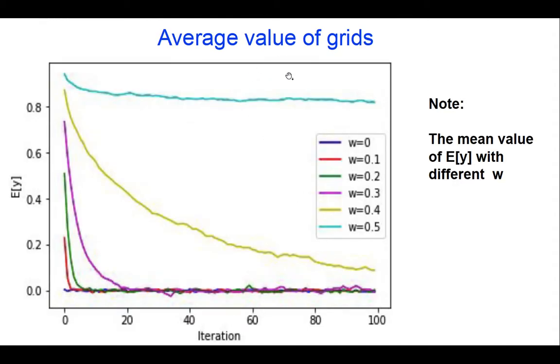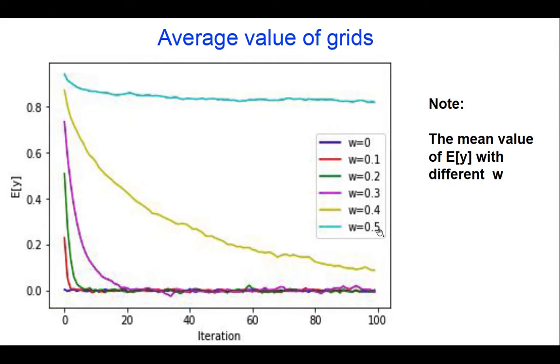This is the average value of the grids over all the pixels. As we can see, when the W is small, like 0, 0.1, 0.2, as the iterations go on, the values finally converge to 0. That means the pixel values will be random, with roughly equal numbers of +1 and -1 pixels.